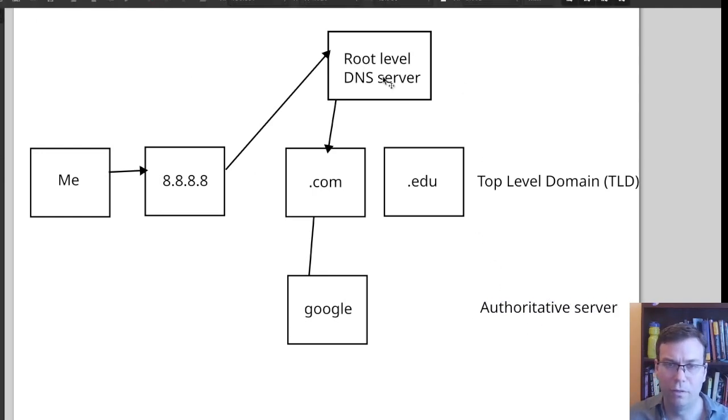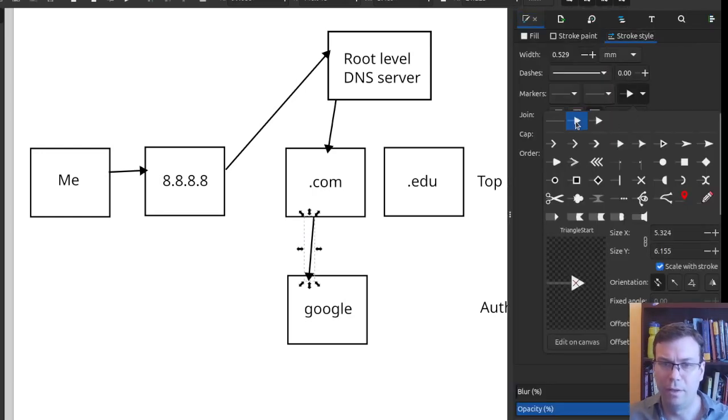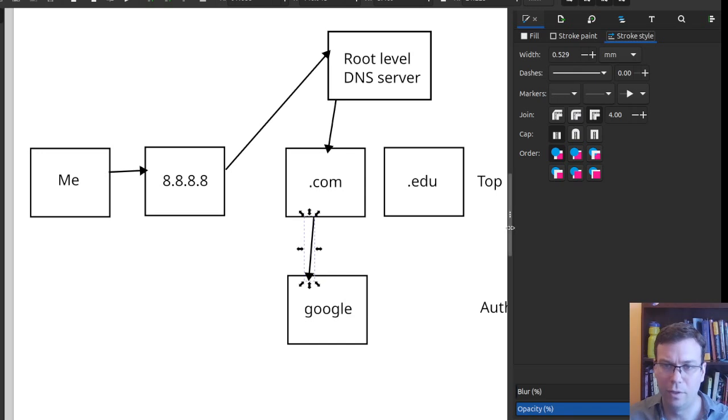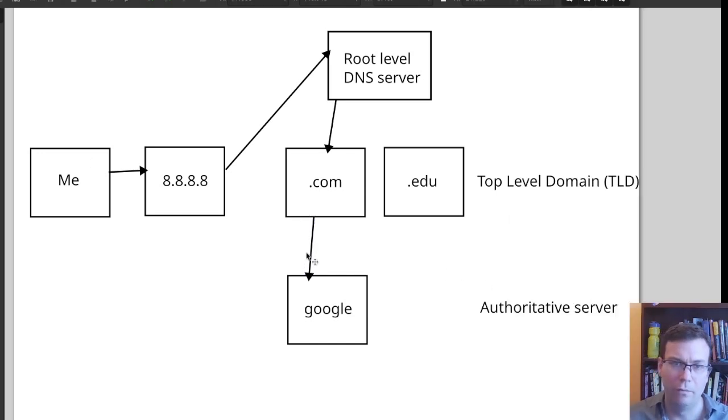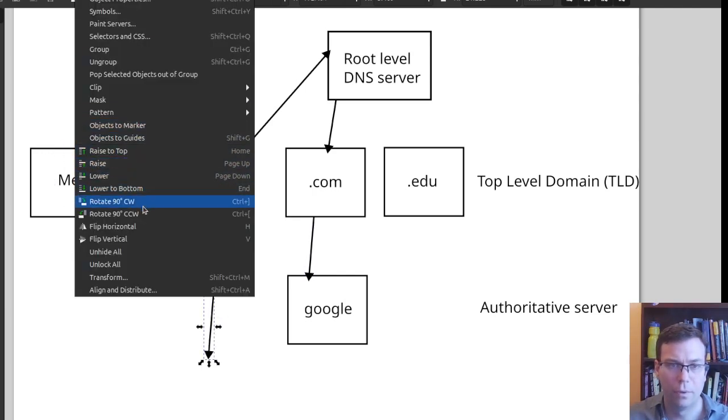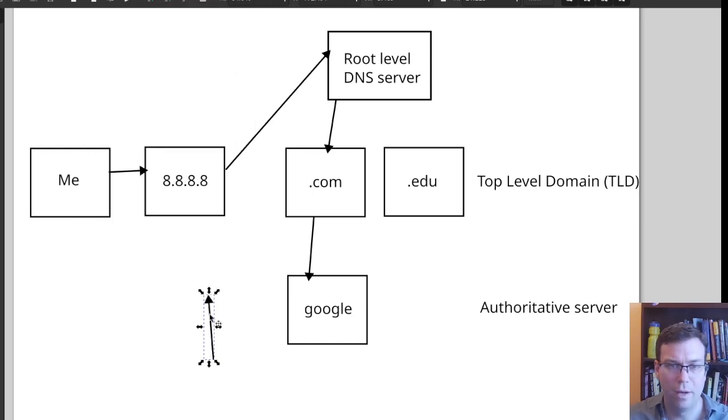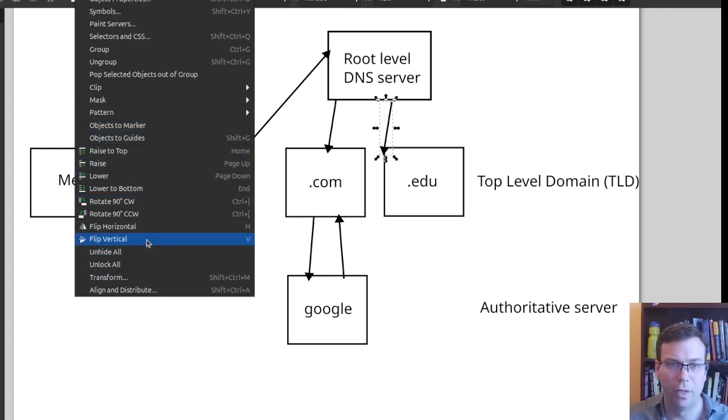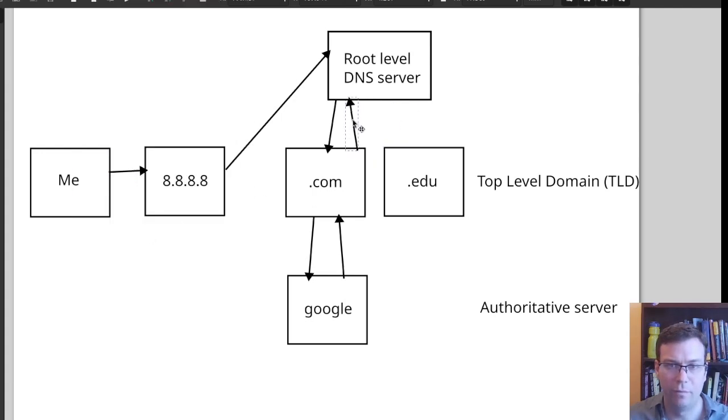We start at the root of a DNS tree, and then we end up down at the authoritative server, which hopefully has the answer that we're looking for. And if it does, it'll just send that right back to the .com here. And then the .com will send that information back to the root level. And then the root level will send that information back to the DNS server that made the request in the first place.